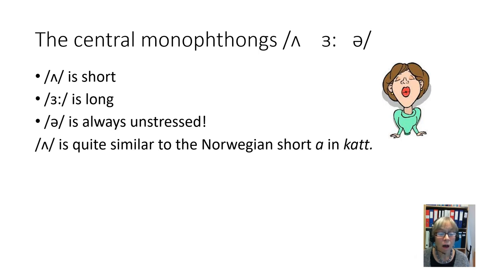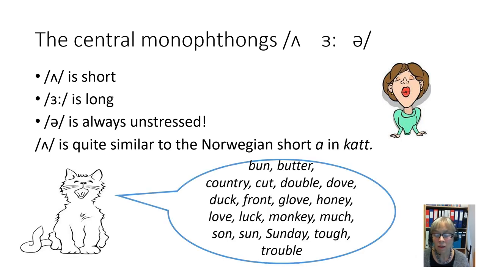Now, as I said, the short u is quite similar to the Norwegian short in cut. So, all of these should be said with the short u: bun, butter, country, cut, double, dove, duck, front, glove, honey, love, luck, monkey, much, sun, Sunday, tough, trouble.